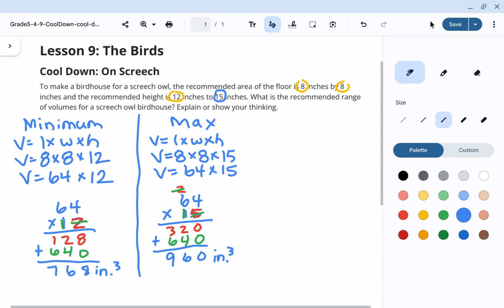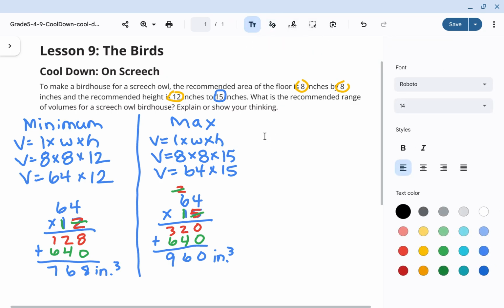So here I have found the range in the volume that I can have for the birdhouse, and I'm ready to report it, because remember, it does tell me to explain or show my thinking. I have shown the multiplication that I had to do in this problem, but I really haven't written out the thinking or what it was that I did.